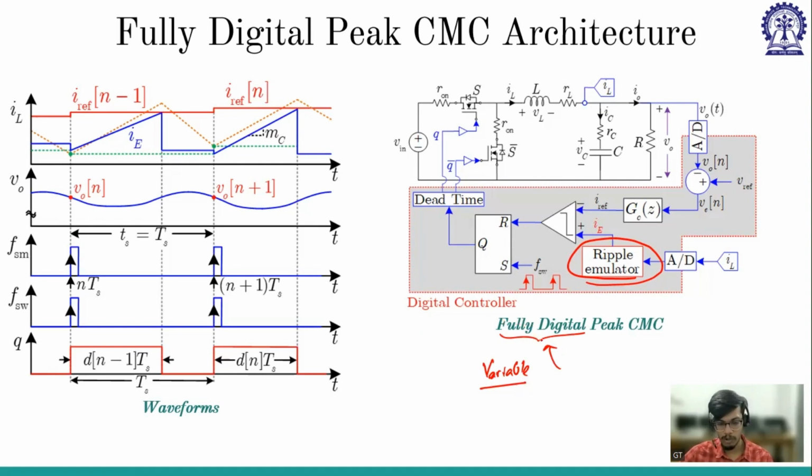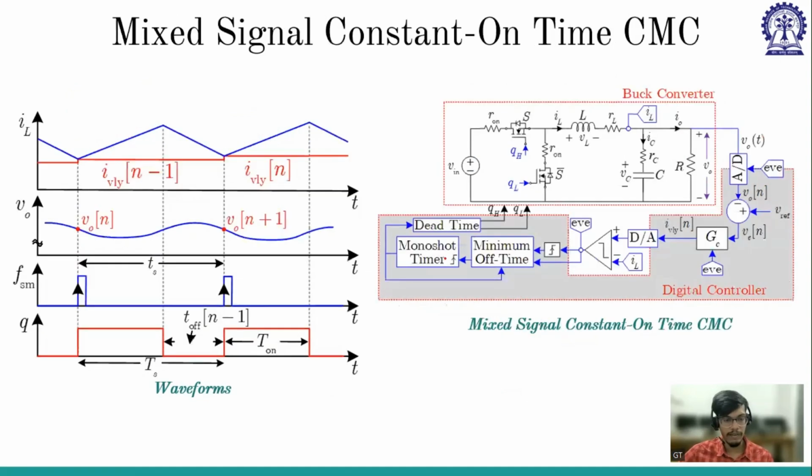Let us solve a few problems. If we have time, I'll come back here. In variable frequency, everything is event based, right? So it is no more uniform sampling. It is event based sampling, and we have a minimum off time as well as a constant on time. So we have a monoshot timer with constant on time, and the minimum off time block is also there.